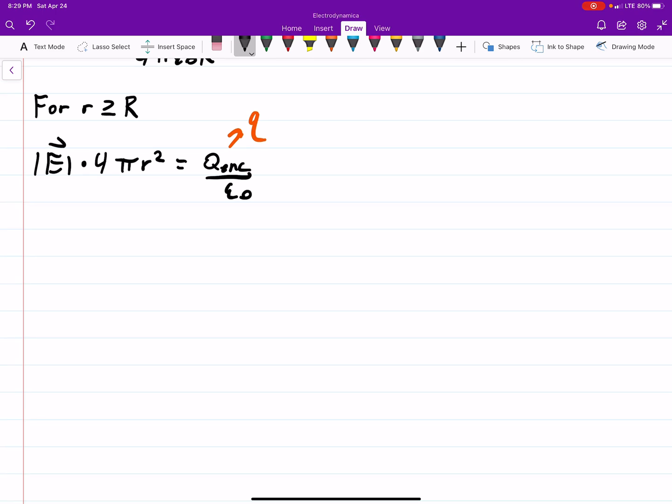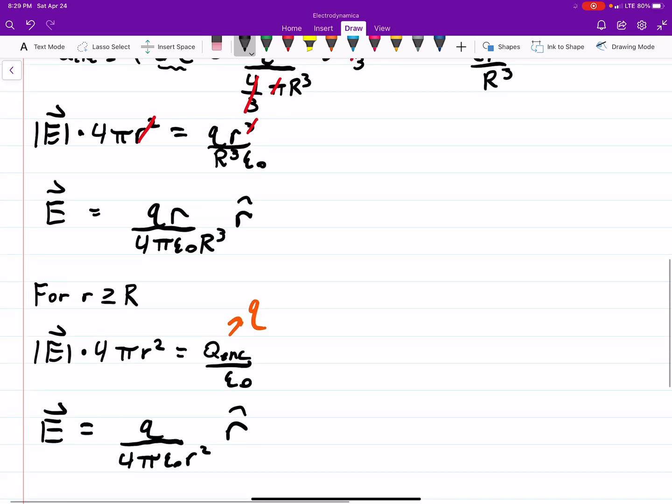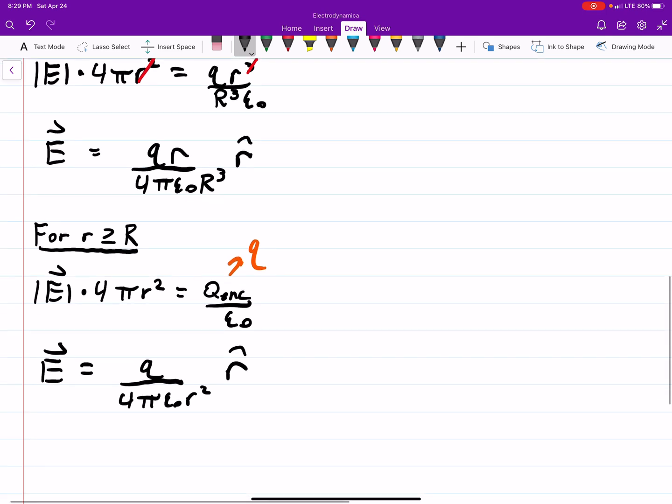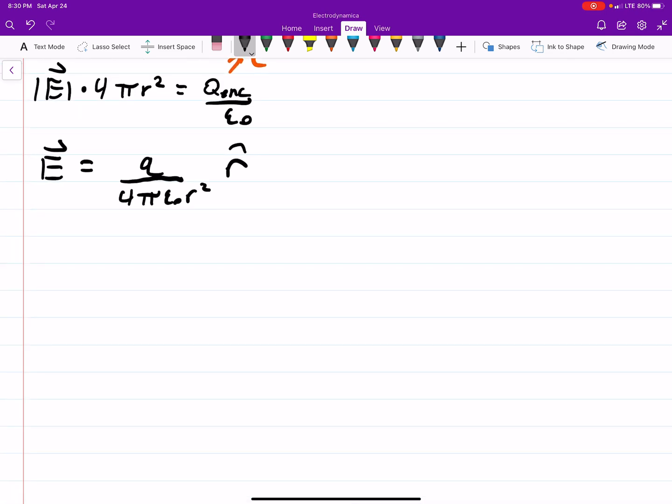All we have to do is divide over, and we'll have our E field. So our E field is Q over 4 pi epsilon naught r squared in the r hat direction. So now we have our E field in and our E field out, and with that, we can find the potential.